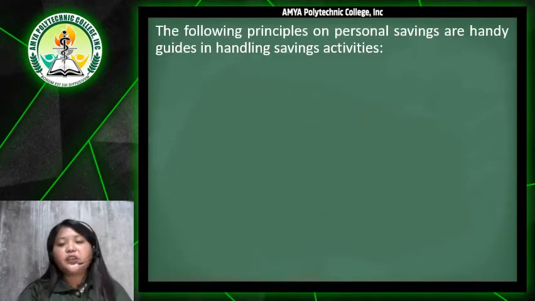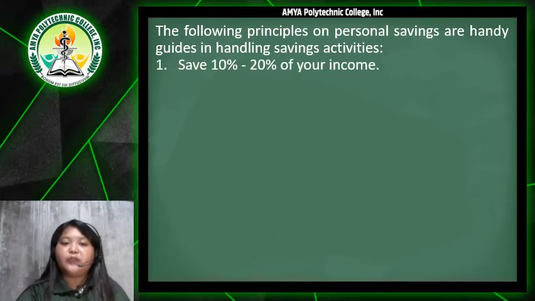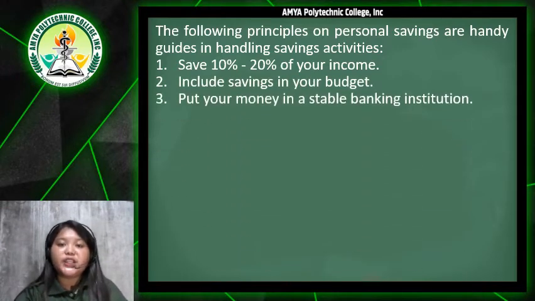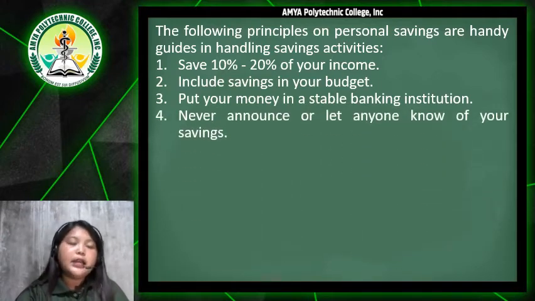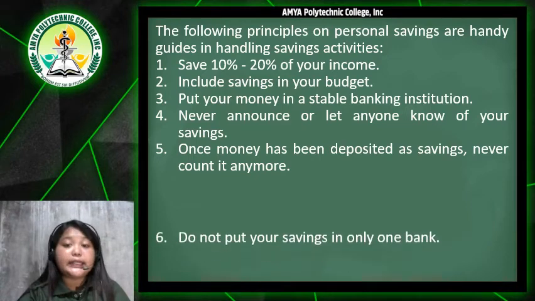We have here the following principles on personal savings, which are handy guides in handling savings activities. The first one: save 10% to 20% of your income, include savings in your budget, put your money in a stable banking institution, never announce or let anyone know of your savings. Once money has been deposited as savings, never count it anymore.